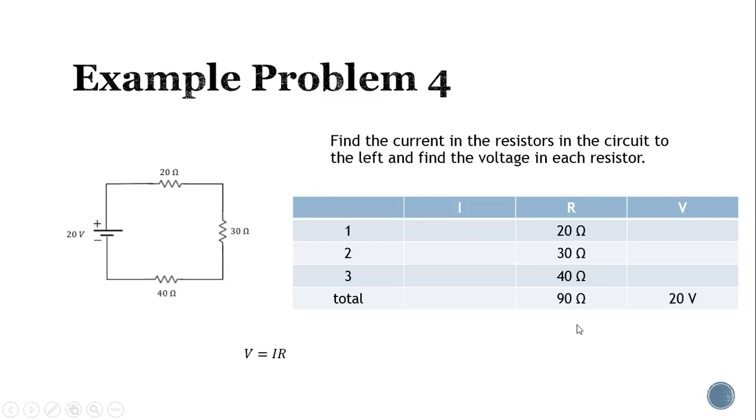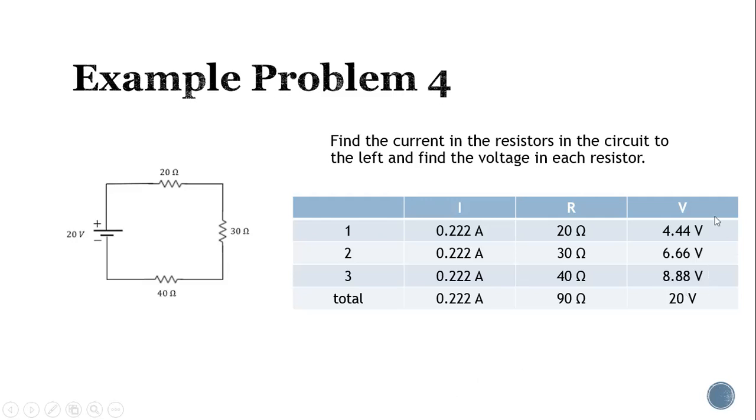The second thing I can do is find the total current in the circuit. What I can do here is take 20, divide by 90, and find that current. It's worth pointing out the current is constant, so all of these values must be the same in a series circuit. So what you get is 0.222 amps. What I can now do is find voltage in each of the individual resistors: 4.44, 6.66, 8.88.